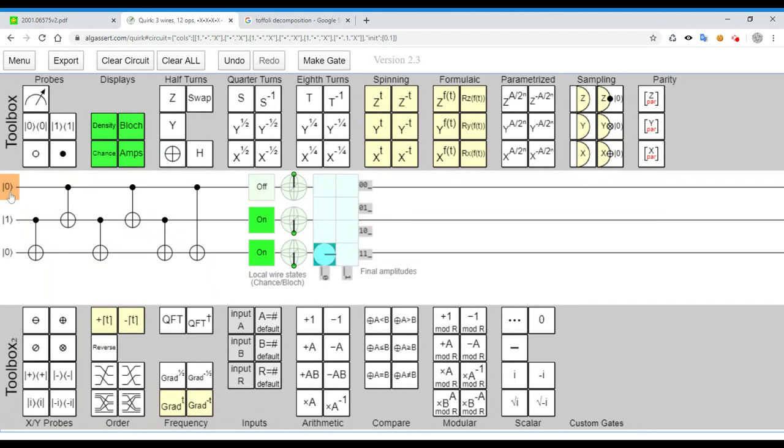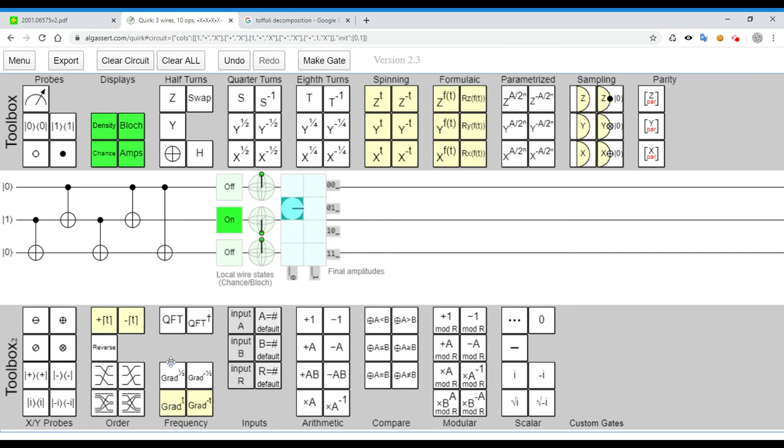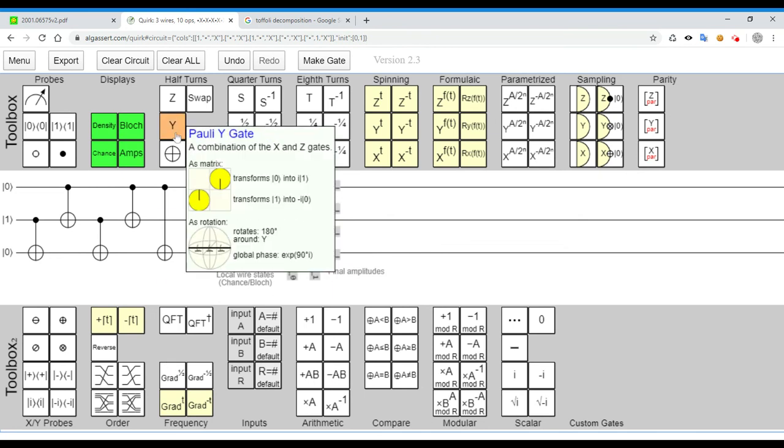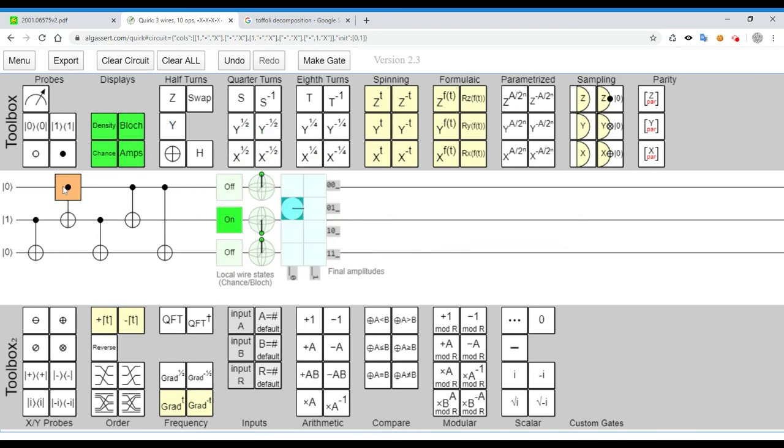For a 0, 1, 0, no, that's not correct. Is it even doable? That should be basic.